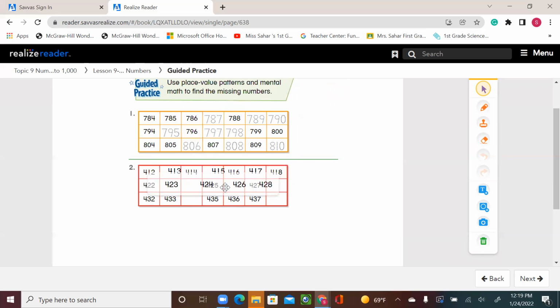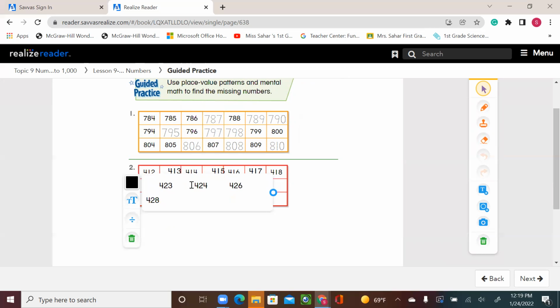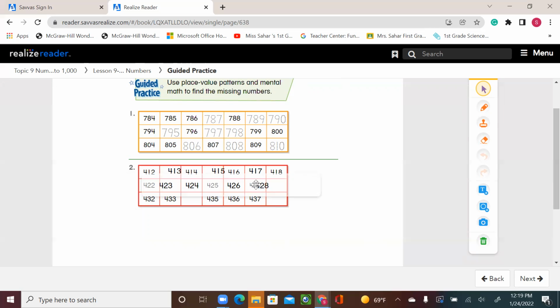Okay, let's put them down. So here 422, 423, 424, 425, 426, 427, 428.